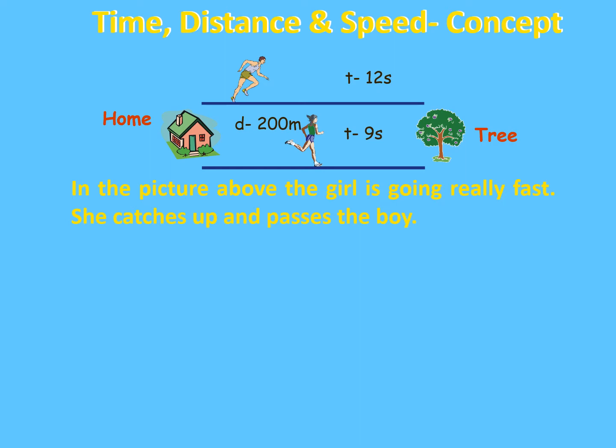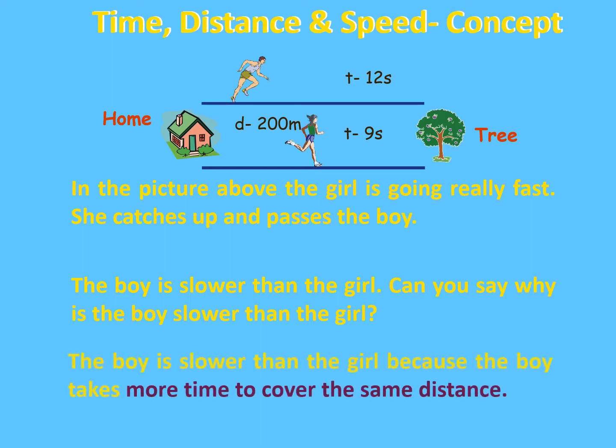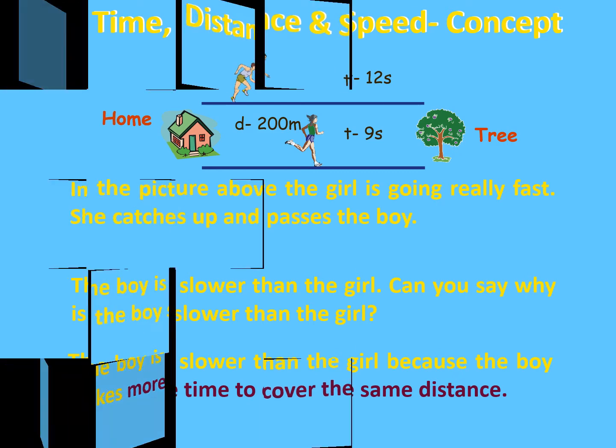She catches up and passes the boy. The boy is slower than the girl. Can you say why? This is the answer: the boy is slower than the girl because the boy takes more time to cover the same distance.